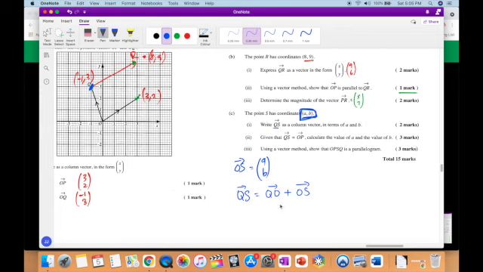I know OQ to be -1, 3. So QO is going to be minus that, minus -1, 3, plus OS, which is AB.